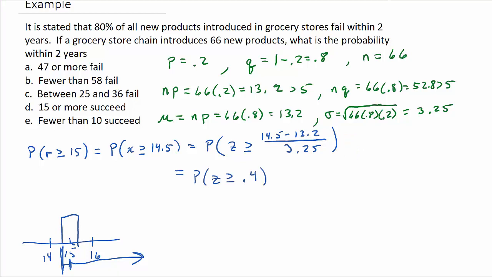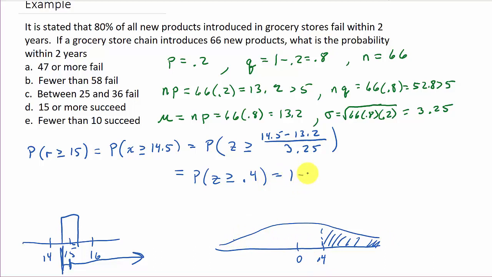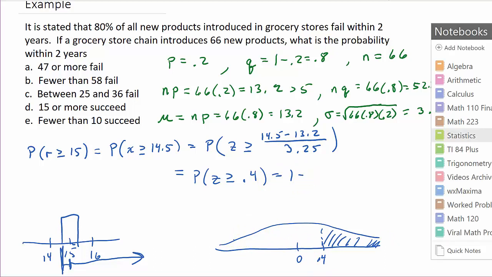And so that would give us the probability z is greater than or equal to 0.4. And then once again, we look this up. We're looking for the area to the right. When we look up the 0.4, that gives us area to the left, so we've got to do 1 minus that area.